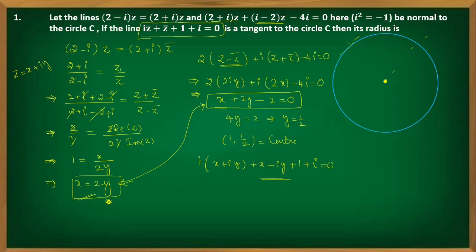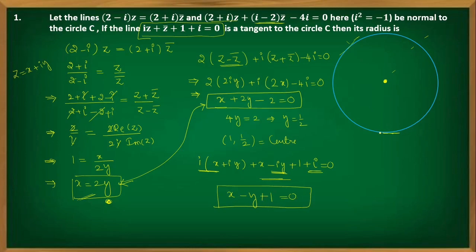The imaginary part: ix, minus iy, plus i. If I take i common, I get x − y + 1 = 0. So by taking the imaginary part as 0, I got the line equation in Cartesian form. If you want, you can take the real part also. So x − y + 1 = 0 is the tangent line.